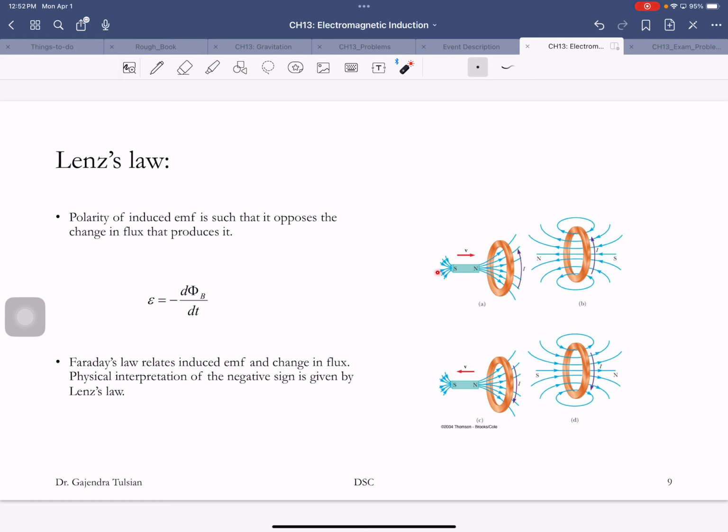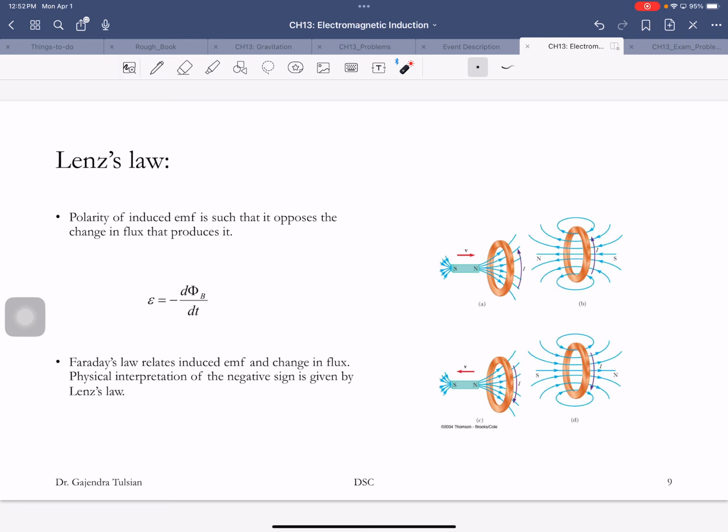So what we just learned was if you move this magnet relative to the loop, a current is induced. Again, let me emphasize, here's a current in this loop of wire with no batteries. How long does this current last? As long as this magnet is moving. As soon as the magnet stops, that current stops. You want that current to keep flowing, you have to keep moving the magnet.